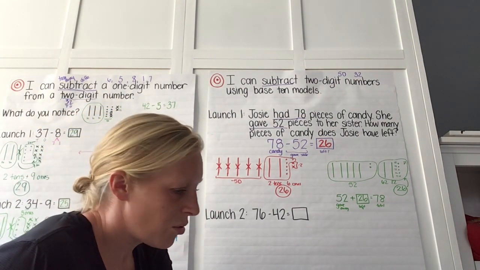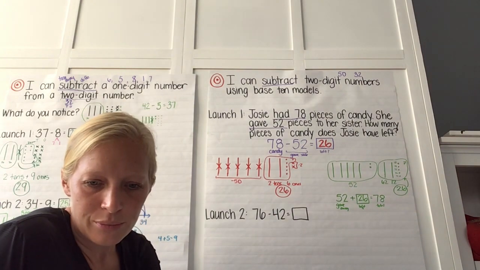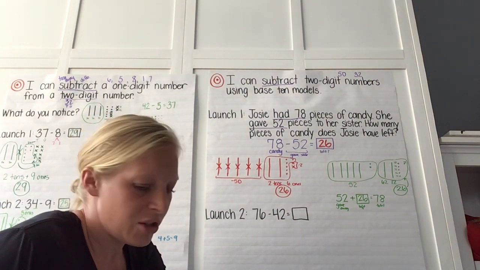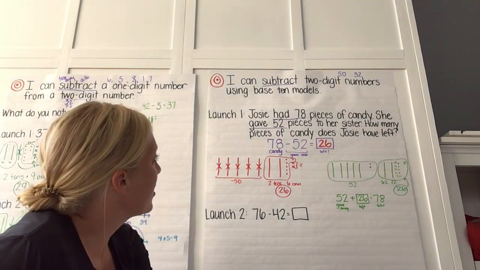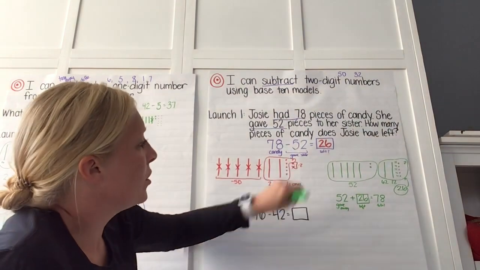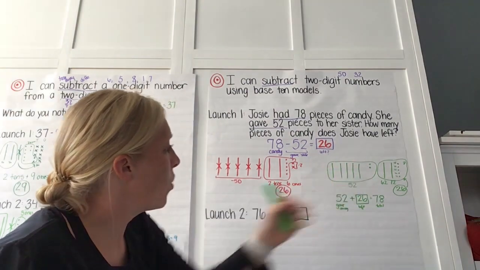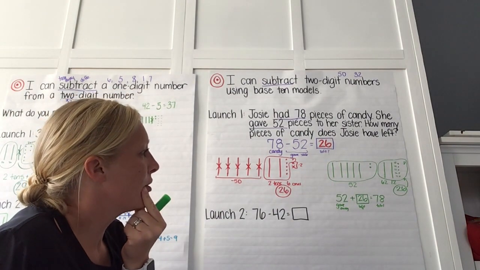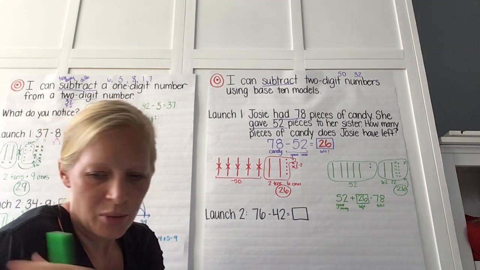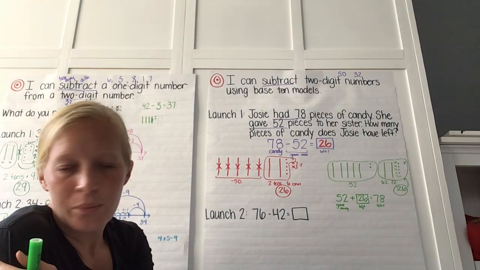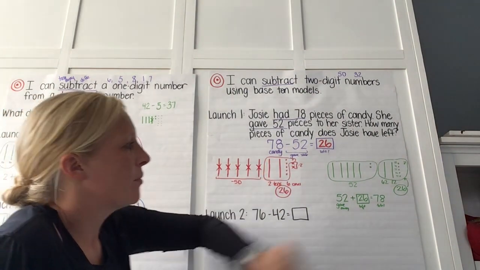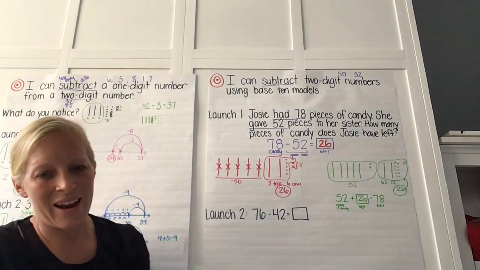Show me, point to where that is in your work. Some of you are pointing to the 52 that you took away with your base 10 blocks. 52. Where is what you have left? Point to what you have left in your work. 26. There's that 26 that they added on.